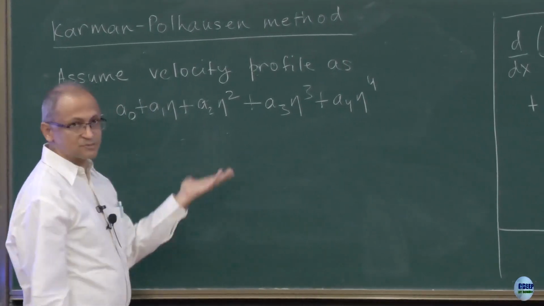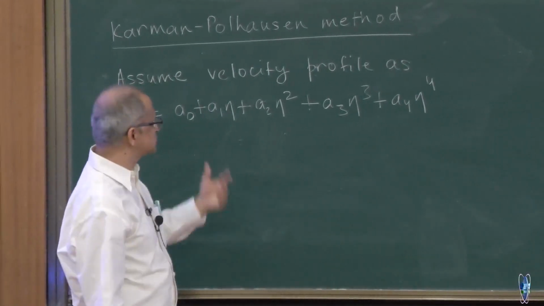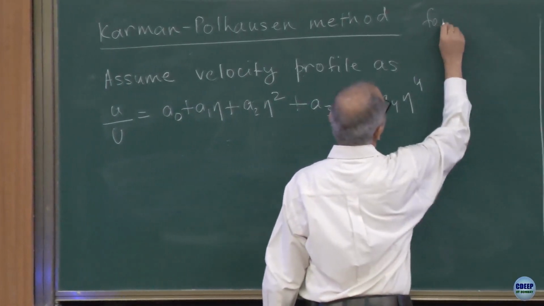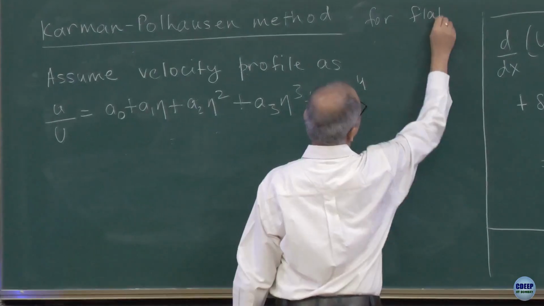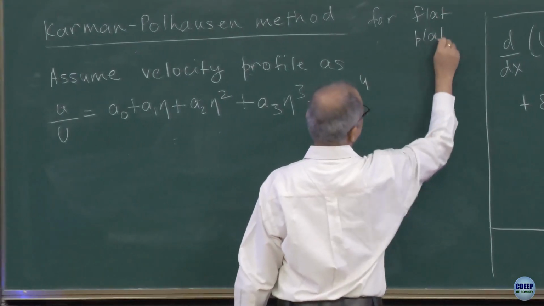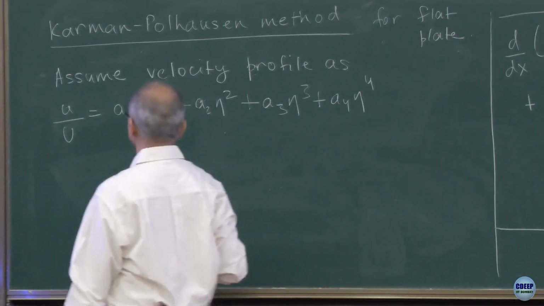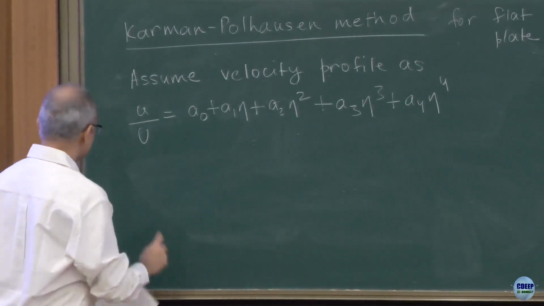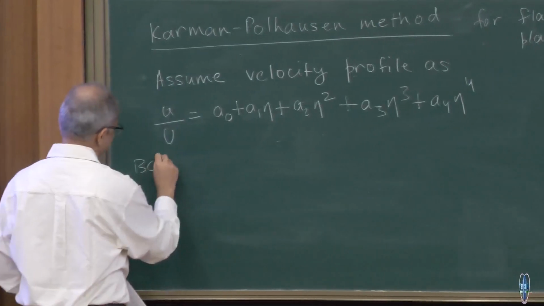This is given to us. Beyond that, there is nothing which is given to us. We are trying to look at flow over a flat plate. So in a flat plate, what are the boundary conditions?